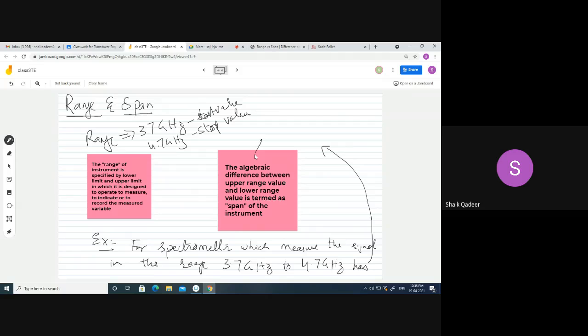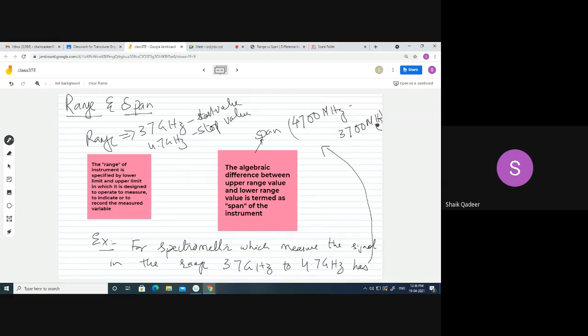And the span in this case is equal to how much? First, what I am doing is converting gigahertz into megahertz. 4.7 gigahertz I am converting into 4700 megahertz minus 3700 megahertz.